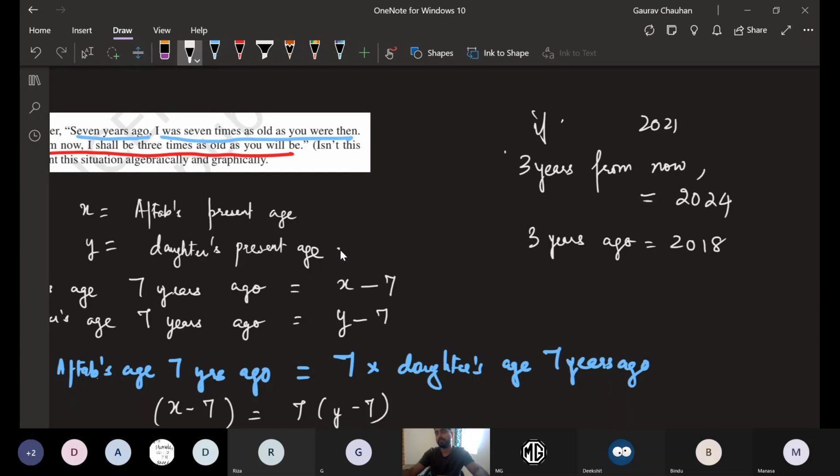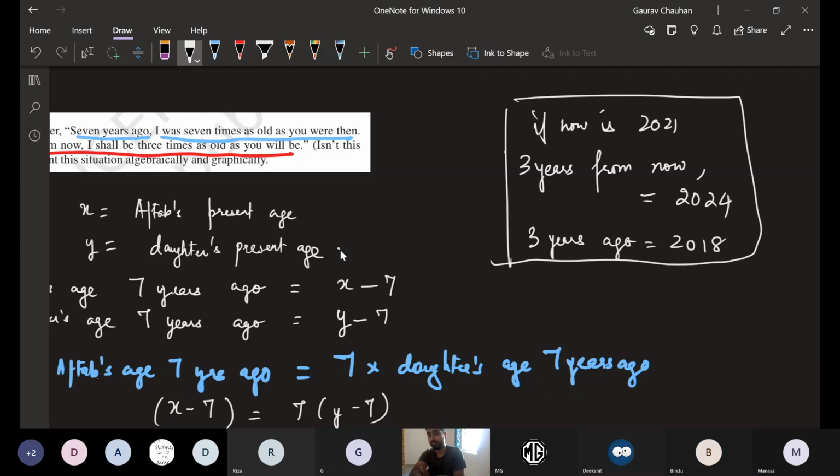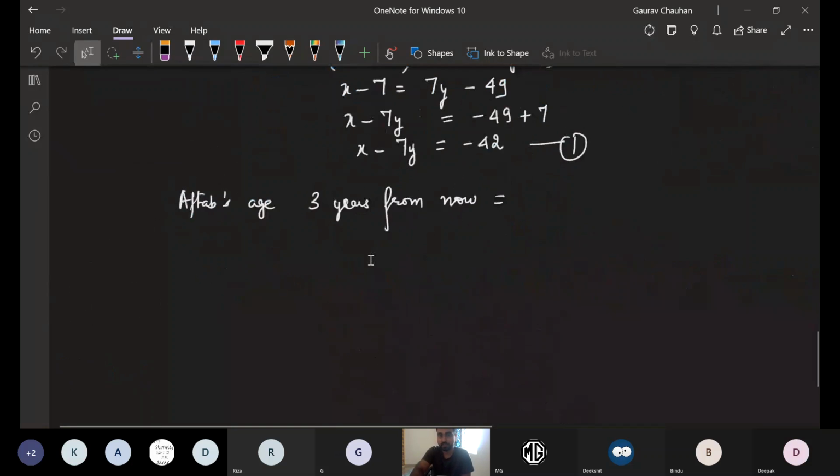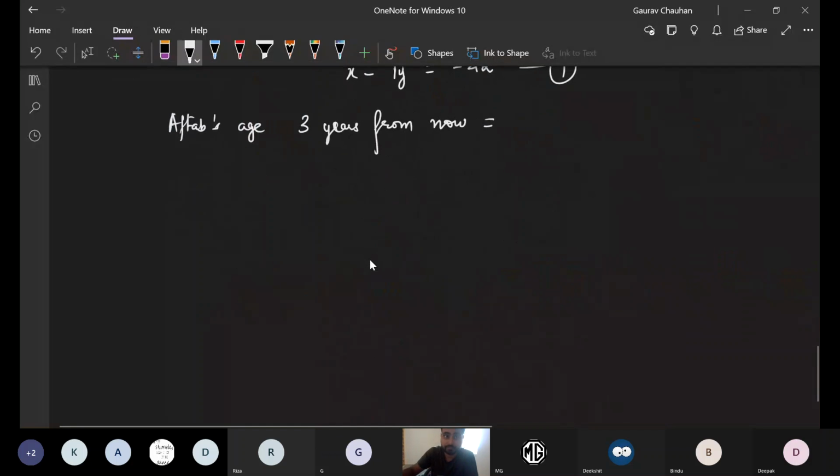If now is 2021, 3 years from now is 2024. Just you need to get this very, very clear. How are you getting this? You're getting this as 2021 plus 3. This is coming as 2021 minus 3. An important thing here: 3 years from now.